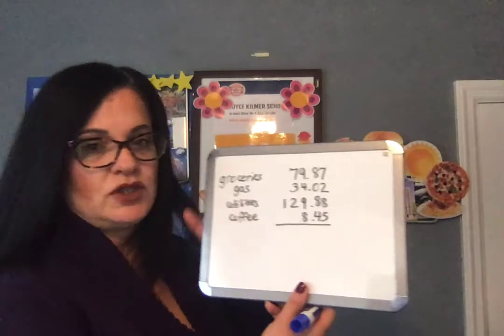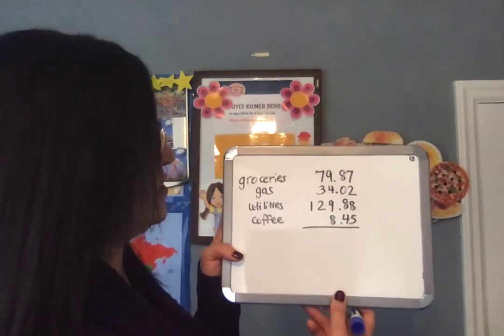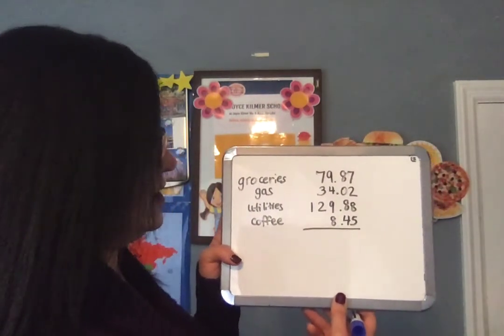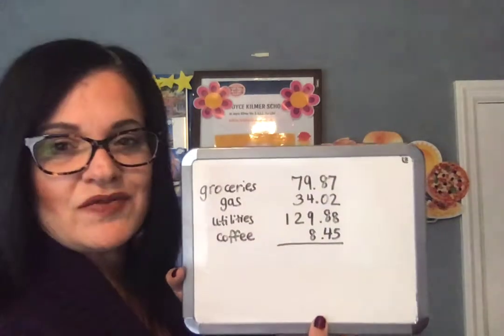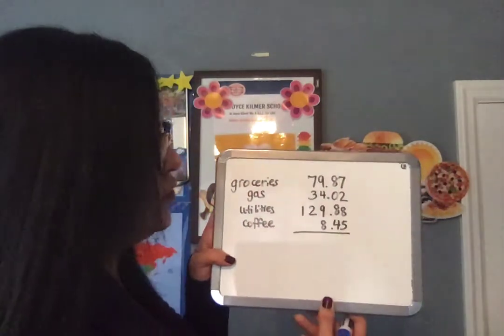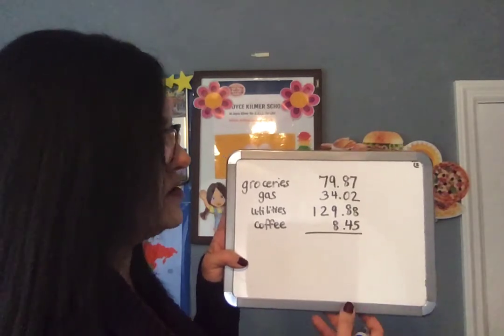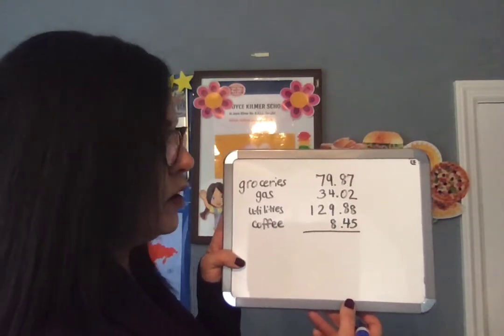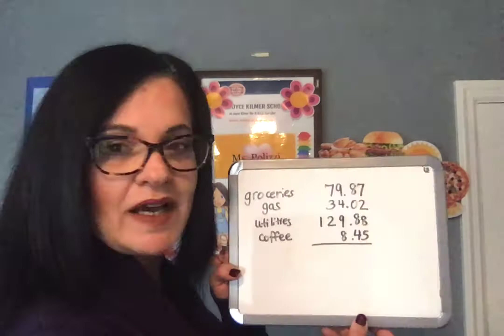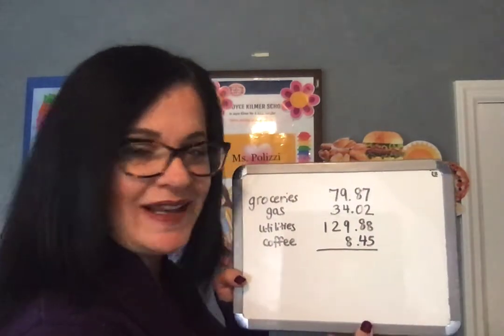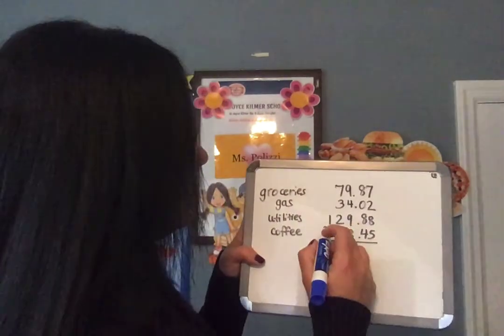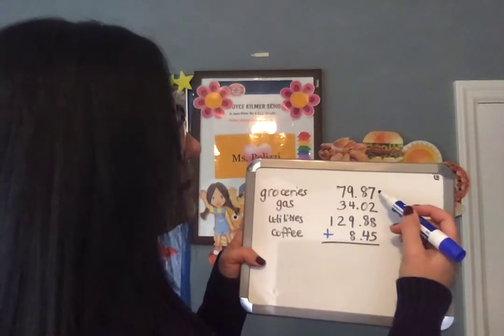So here, as you notice, I listed the groceries, gas, utilities, and the coffee in each of their respective amounts. If you notice here, I lined up the decimal points because if you recall, when you're adding or subtracting decimals, you need to line up your decimal points. So let's go ahead and add this up.